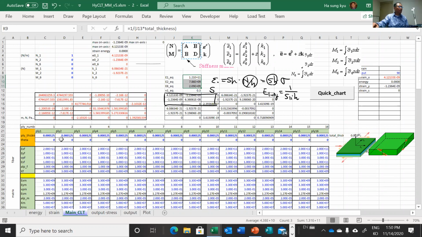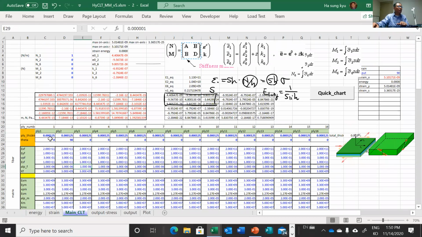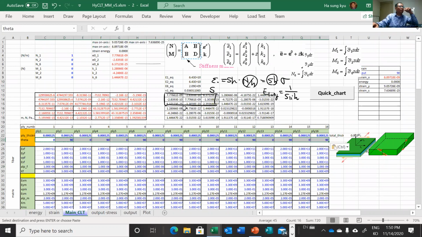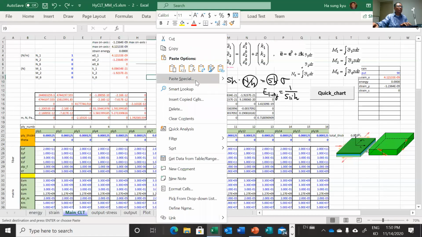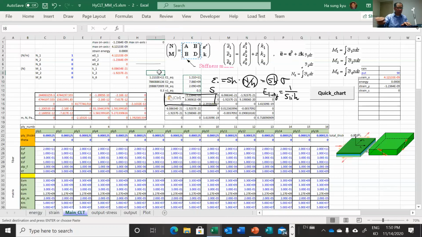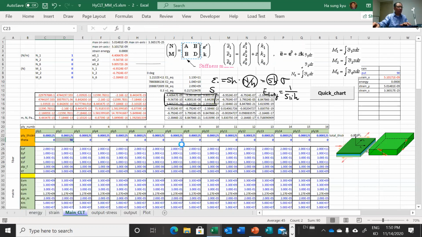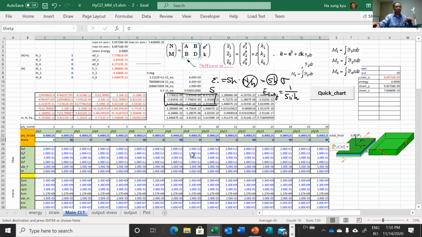Now let's try a different layup: 0, 90, 0, 90, and so on, repeating.